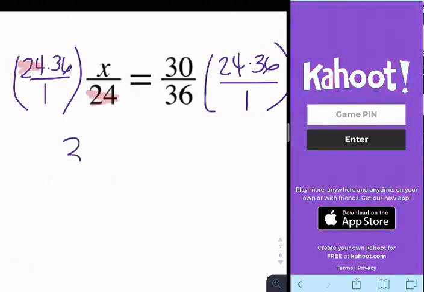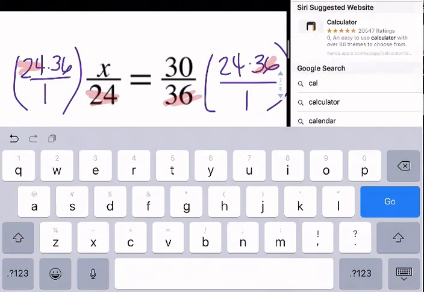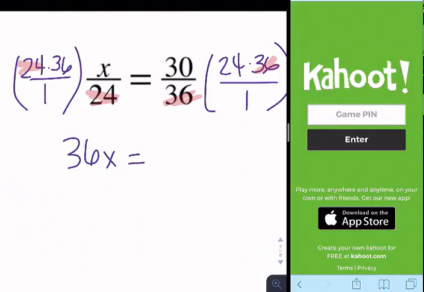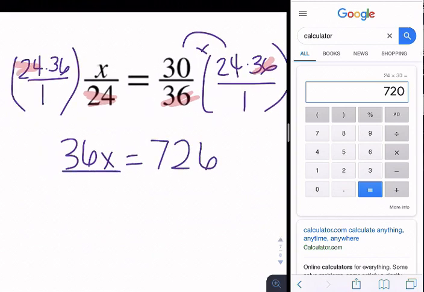I have 36x equals, and then I'm getting rid of the 36. So this would be 24 times 30. And I get 720. Divide both sides by 36 to get x all alone.